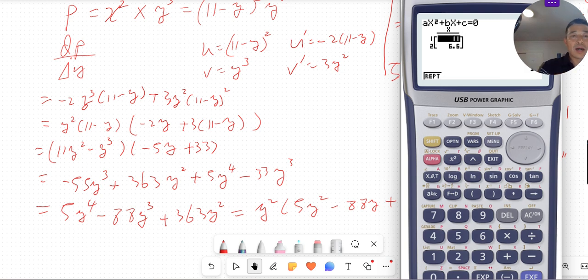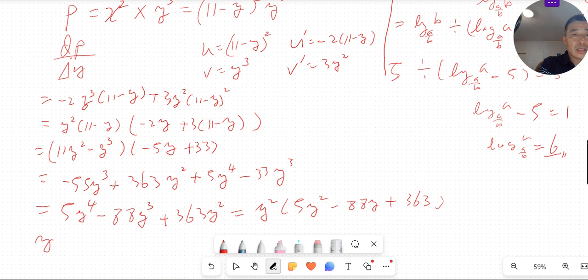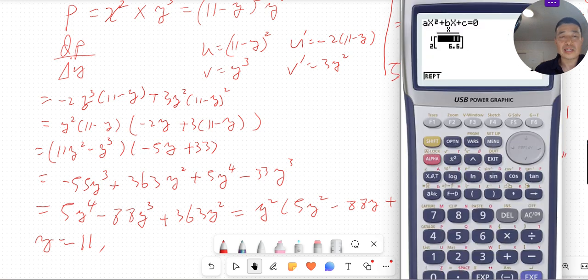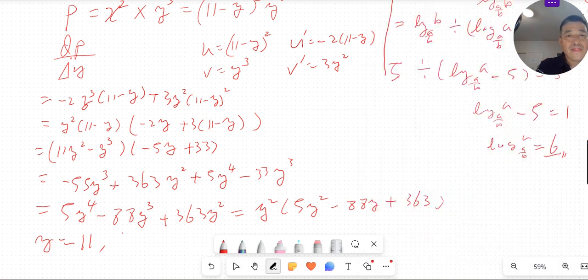So y is 11 or 6.6. If y is 11, x must be 0, right? Add up to 11. So that's not the right combination.